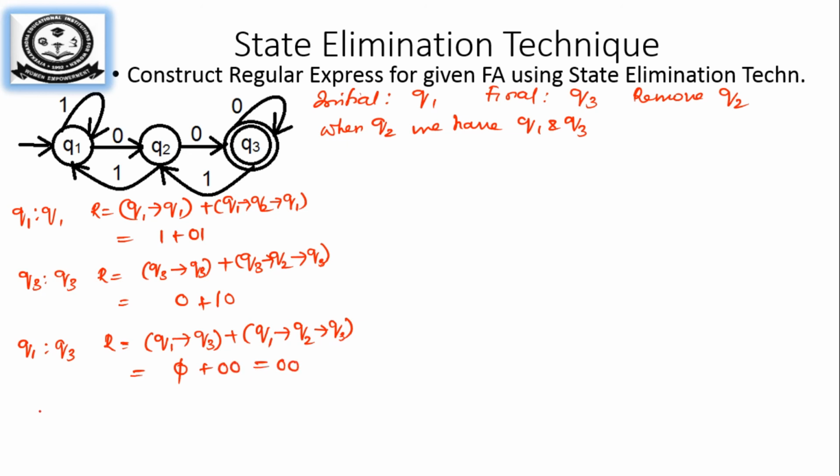So it is going to be 0 0. Finally Q3 to Q1. So the regular expression Q3 to Q1, any direct transition, or through Q2 do we have any transition? So that will be equal to, there is no direct transition, then you have 1 1. So your final answer is 1 1 here.